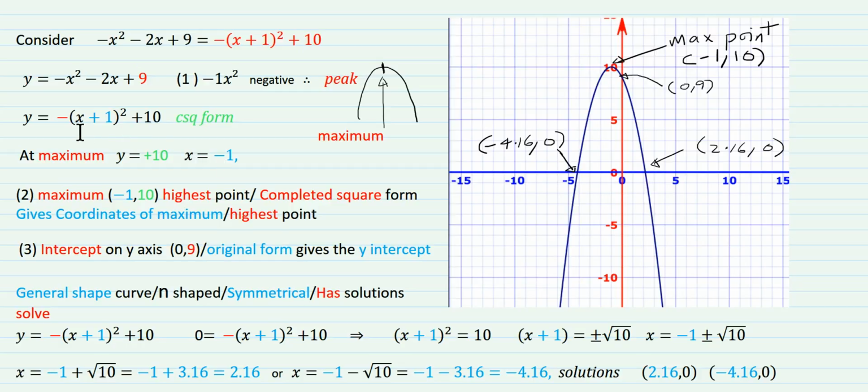If you put -1 in here, -1 plus 1 is nothing, and we'll be left with +10. So when x is -1, y is 10. That's the maximum point, (-1, 10). That's the highest point, and the completed square form gives the coordinates of the maximum.